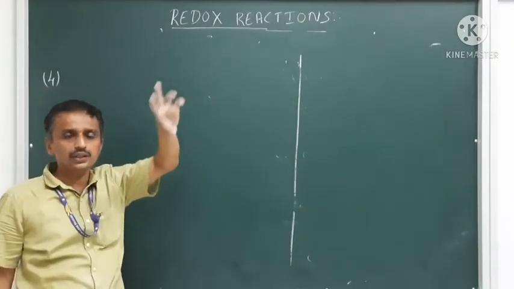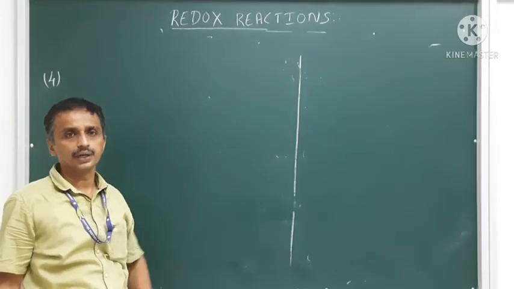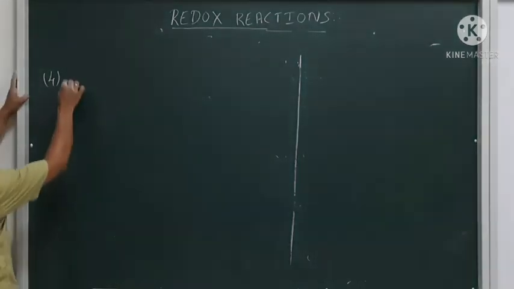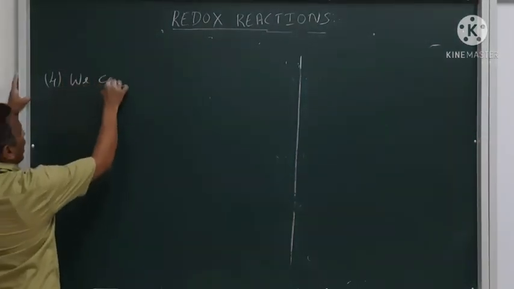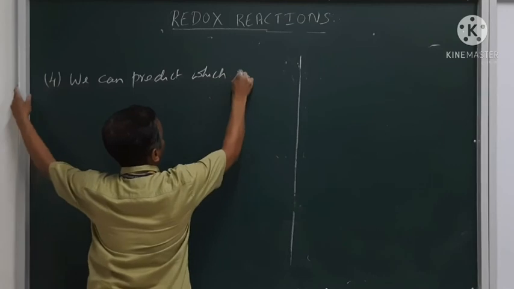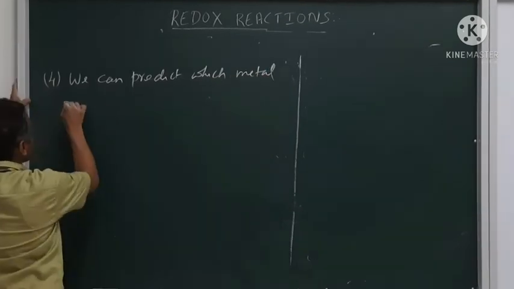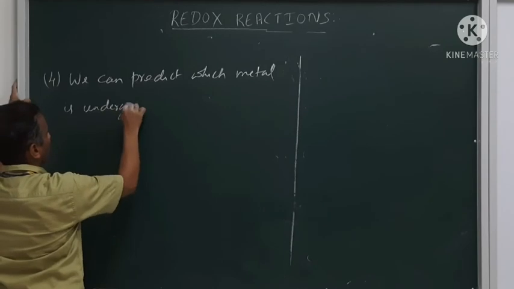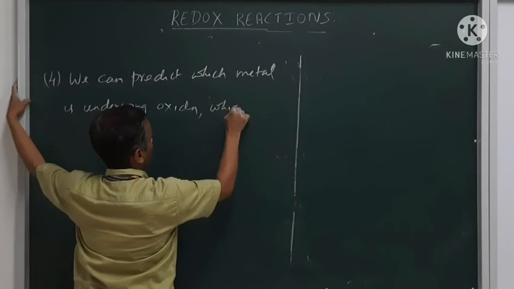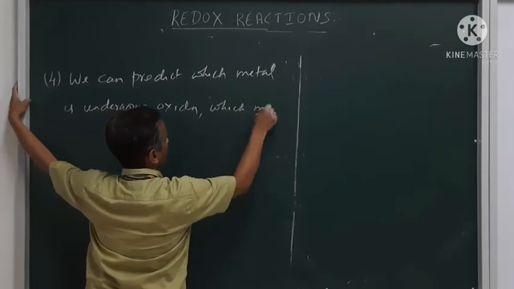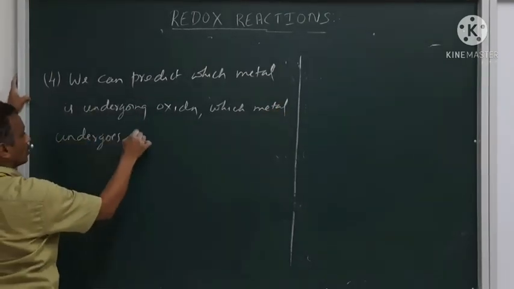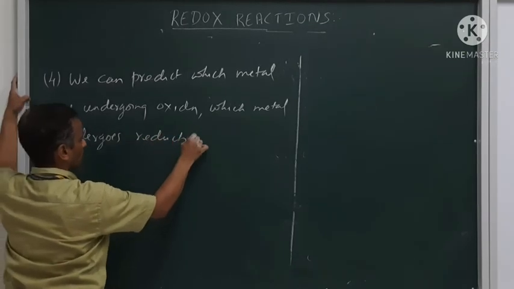See, by knowing the SRP value, I can predict which metal is undergoing oxidation and which is undergoing reduction when in contact.